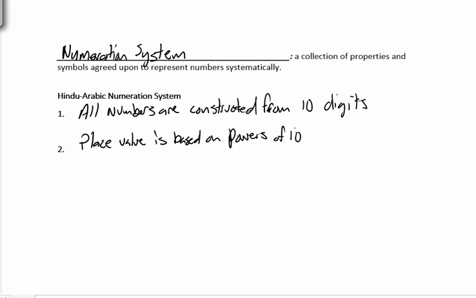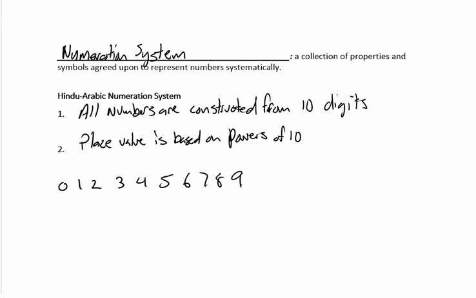Let me just remind us that when we say digits, we mean 0, 1, 2, 3, 4, 5, 6, 7, 8, and 9. All of our numbers in our system are derived from those 10 symbols. Believe it or not, those are symbols. And we let place value dictate what the number particularly means.